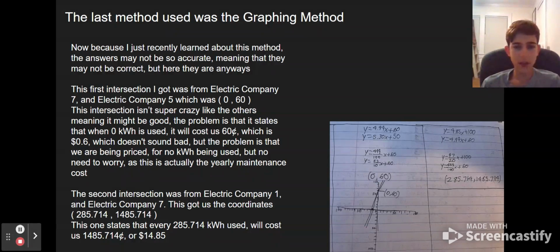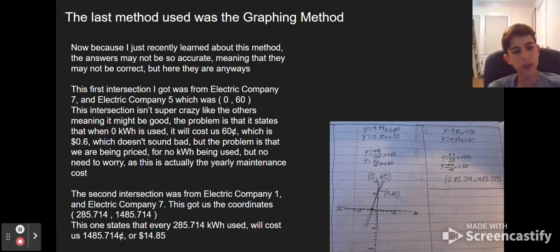The first intersection I got was from Electric Company 7 and Electric Company 5, which was 0, 60. That isn't a very chaotic number like the other ones, which might mean it's good, but again, I did say they may not be correct, and I'm suspicious about this one in particular because it seems a little off for such a simple number.